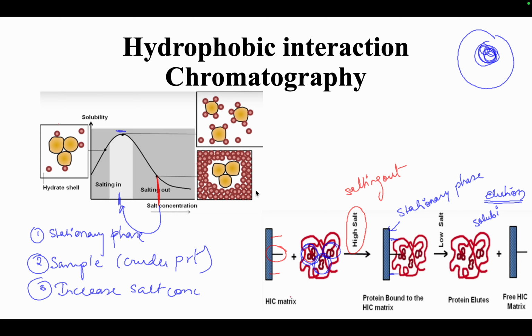If we increase the salt concentration, what will happen? It will expose the hydrophobic patches. And then the protein or the enzyme of our interest will get bound to the stationary phase.